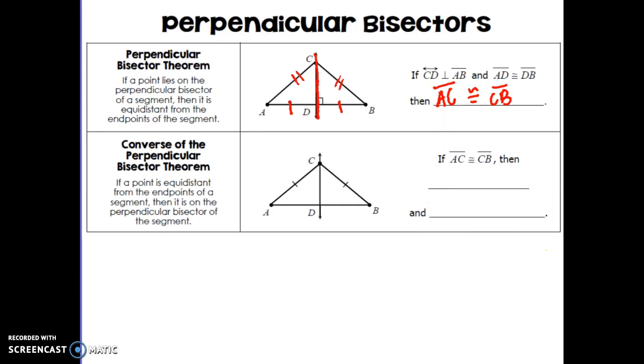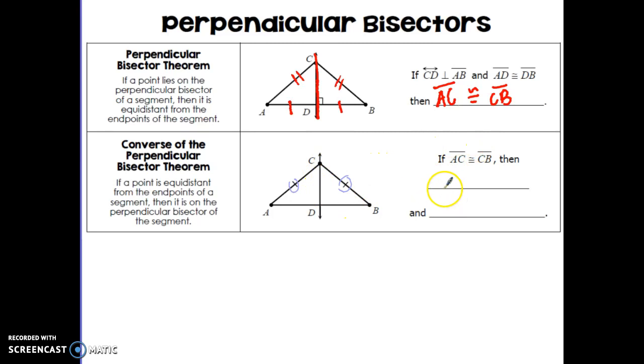The converse of that theorem says that if a point is equidistant from the endpoints of a segment, then it is on the perpendicular bisector of that segment. So this here lets us know that line segment AC is congruent to segment CB.